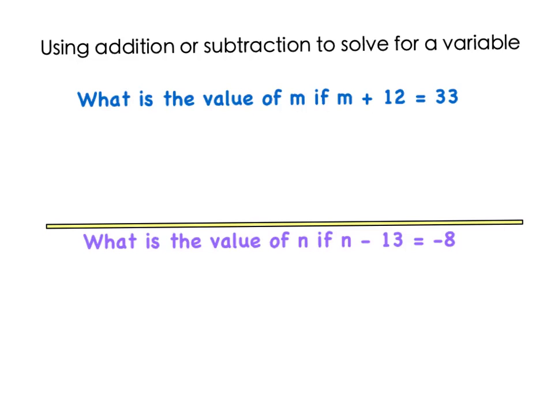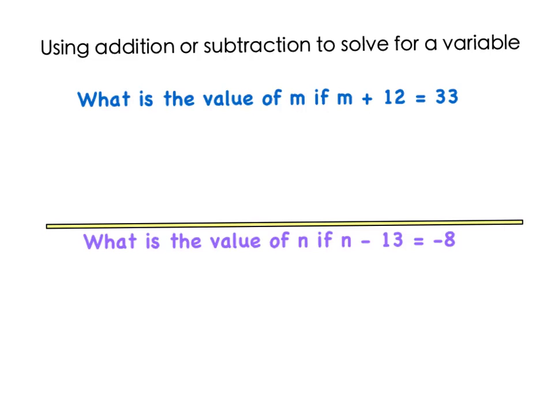So the very first at the top of the page has m plus 12 equals 33. We do not know what m is. Now, by logic in our heads, we can probably figure it out, but we want to start practicing solving simple equations so that later on when we have more difficult ones we can't figure out in our heads, we know how to go about solving them.